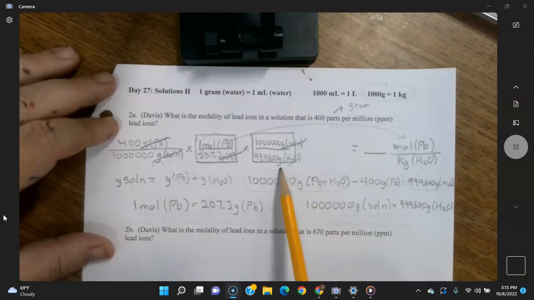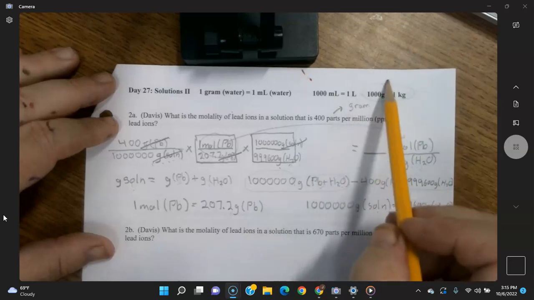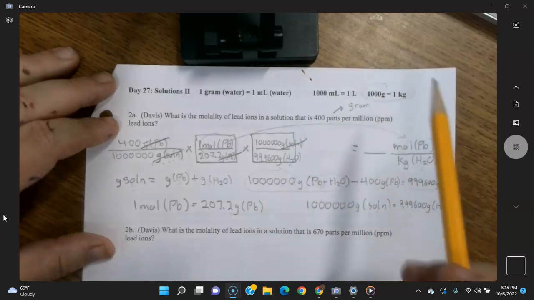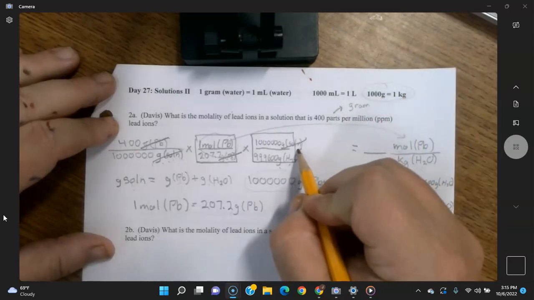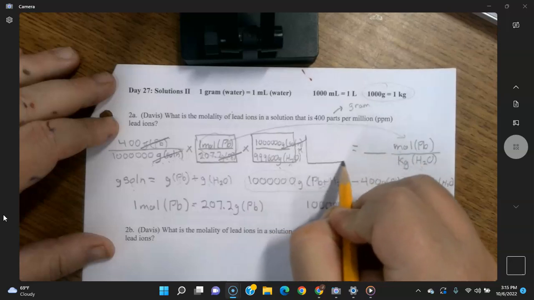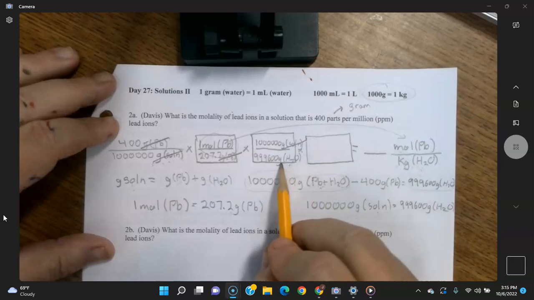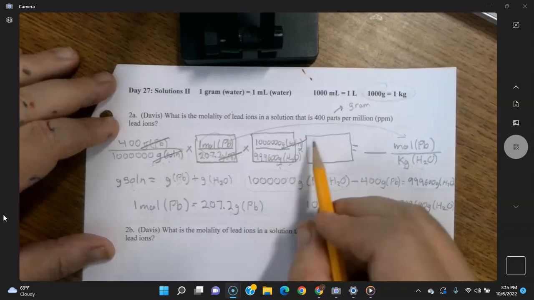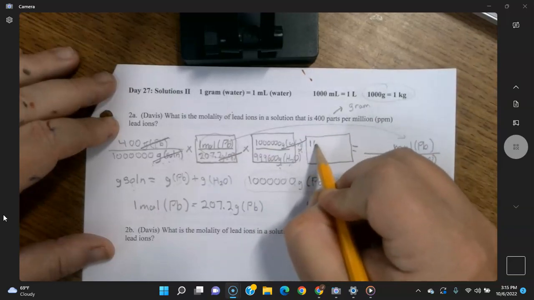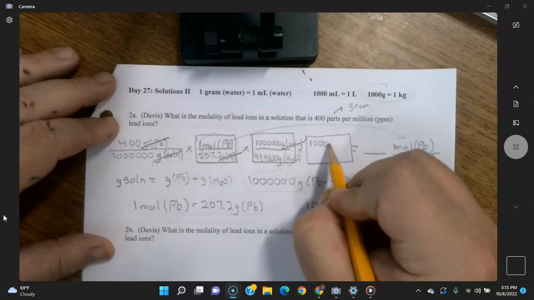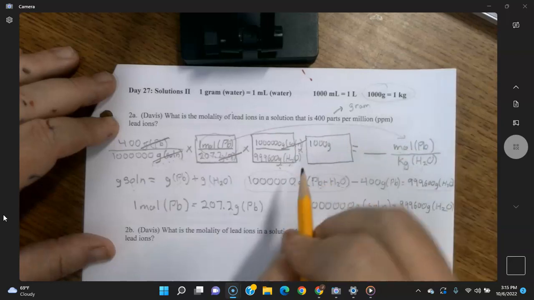The only thing left to do is we have grams here and kilograms here, so we need to make the conversion between grams and kilograms. We've used that one before. That's a simple one. So I'm going to put a times sign here in a box. We need to get grams to cancel out. It's on the bottom here, so we're going to put it on the top here. And it's grams of H2O.